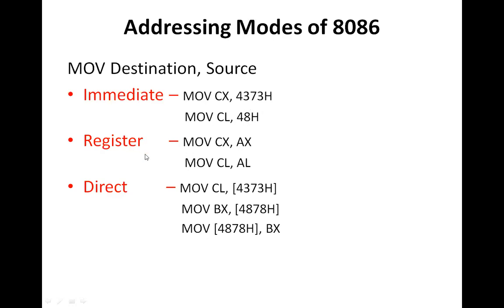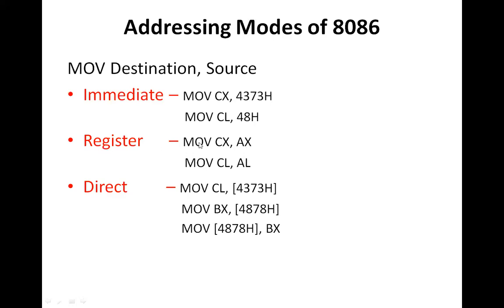That is why it is called the immediate addressing mode. The second one is the register addressing mode, in which we don't know what data has to be transferred from the source to the destination, but we know the address of that data. If the data is residing in one of the registers and we want to transfer that data to any other register, then the addressing mode used is register addressing mode.